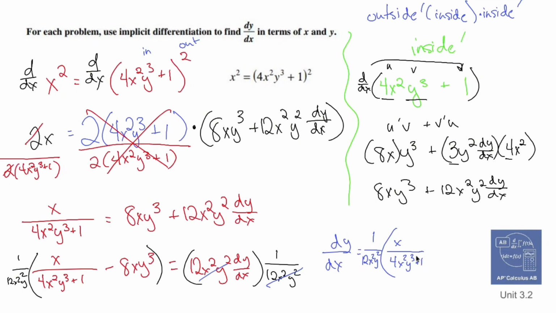So you'd have to distribute there if you wanted to, minus 8xy cubed. So that is the answer.